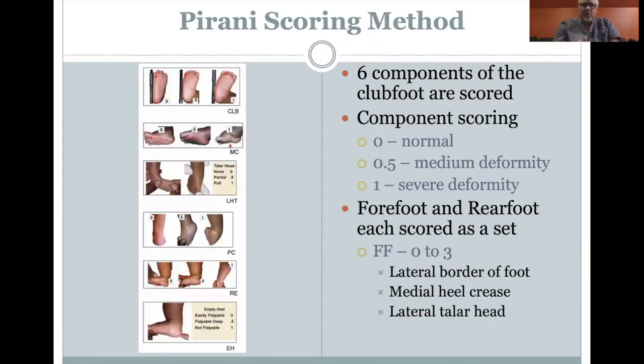The Pirani scoring method, we mentioned earlier, has 6 components of the clubfoot that are scored. The scoring components are 0, 0.5, which is considered a medium deformity, or 1, which is considered a severe deformity. The forefoot and rear foot are each scored as a set. So for the forefoot, you're going to have between 0 and 3 because there are 3 components. We'll go through each of them.